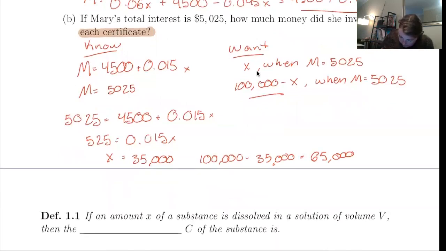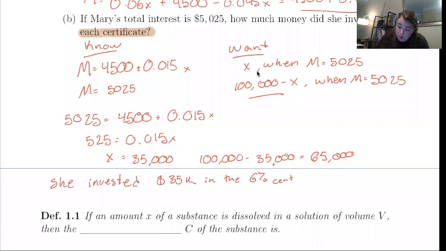So we're going to say she invested 35,000, just put a little K right there, in the 6% cert, just being really detailed right now in my answer, and 65 in the 4.5% cert.